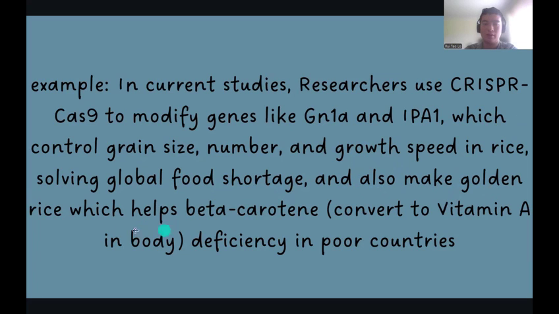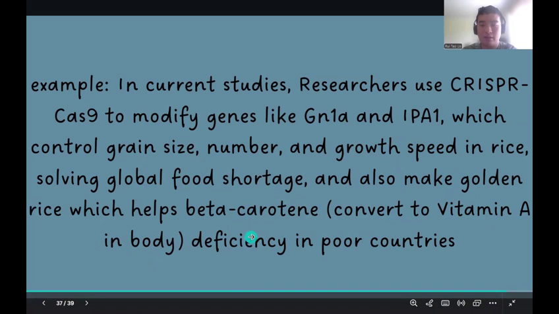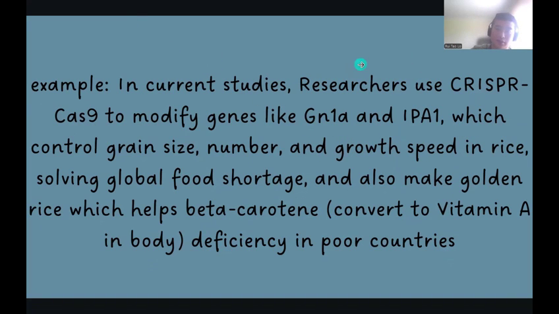They also made golden rice, which provides beta carotene that converts to vitamin A in the body, addressing deficiency in poor countries. This is one example of how genetic modification is used to create something that helps world hunger.